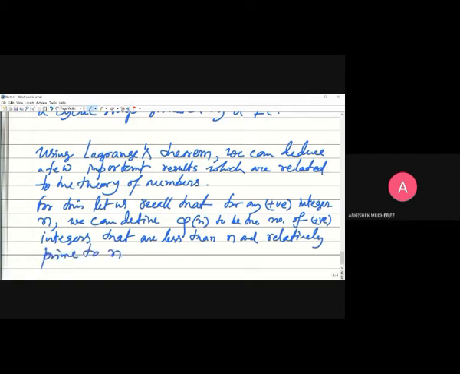Right? This is called the Euler's phi function.